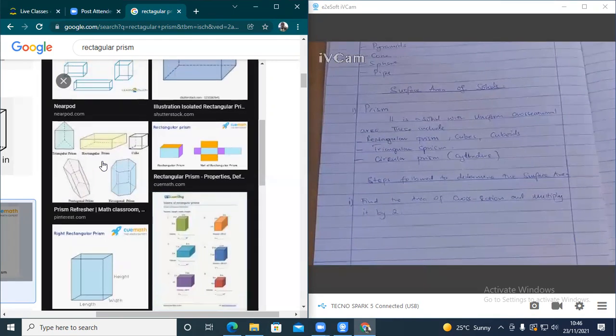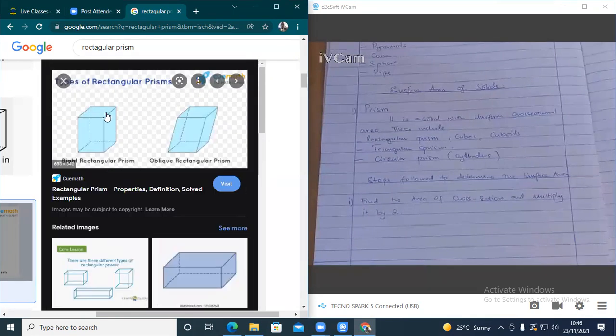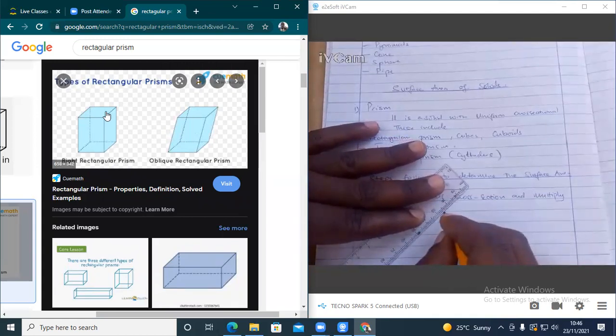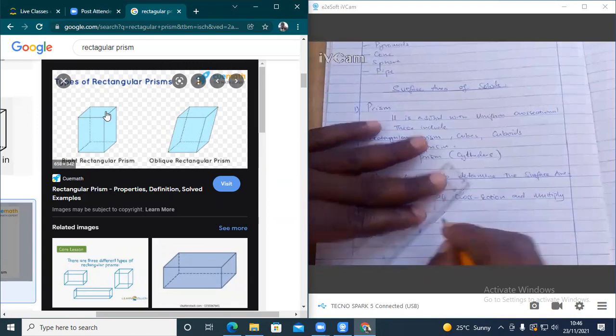I'm going to draw that, and I'll show you why we multiply it by 2. Just very fast for this step, I show you what a cross section is.